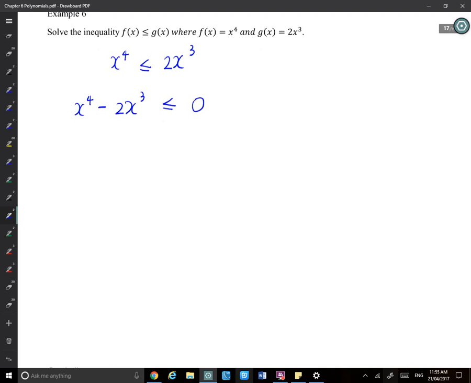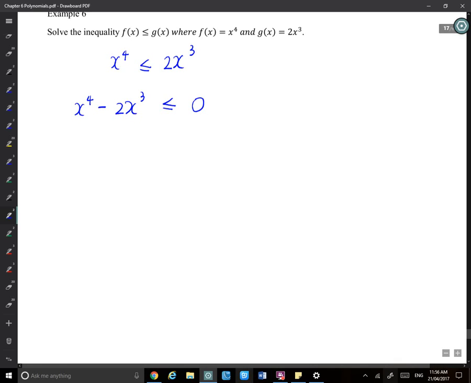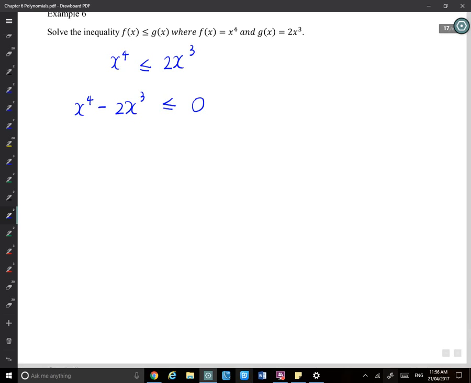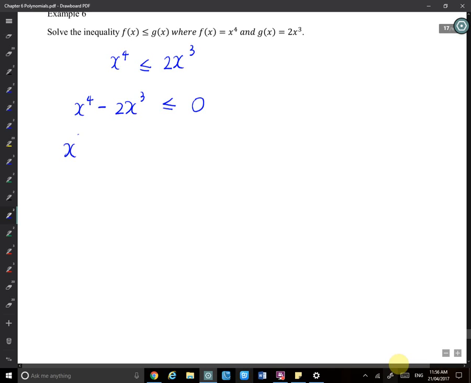Now we have an expression less than or equal to 0, and what I'm trying to do is sketch that function. So how can I sketch this one? What's the common factor? x cubed, yeah, x to the power of 3, and have x minus 2 smaller or equal to 0. Let's say that function is h(x), and I want to sketch h(x).